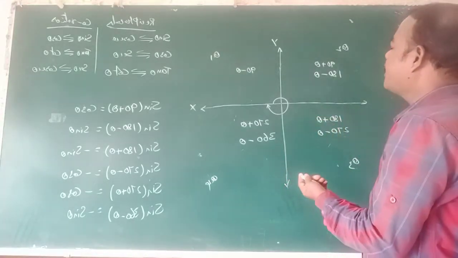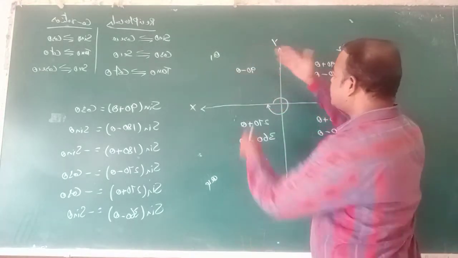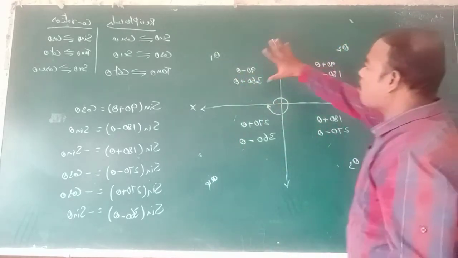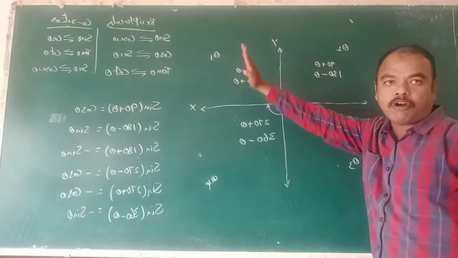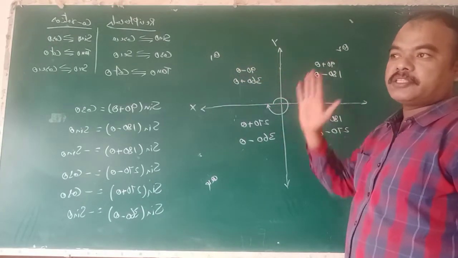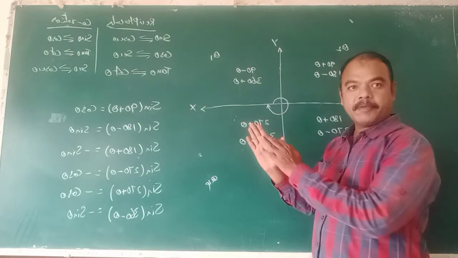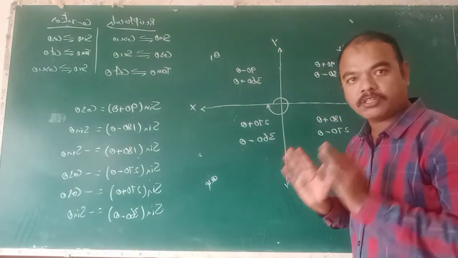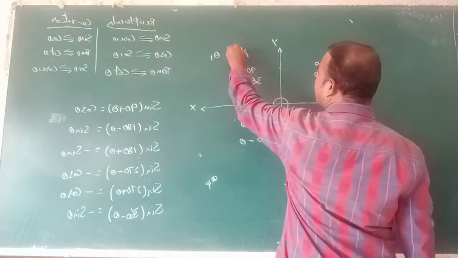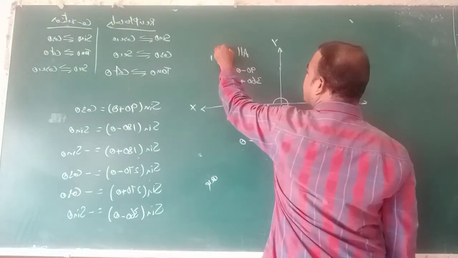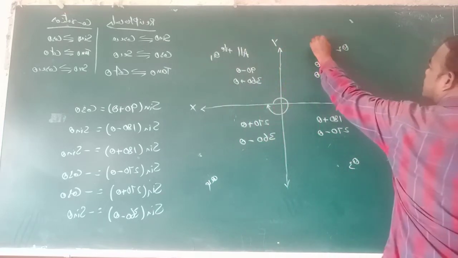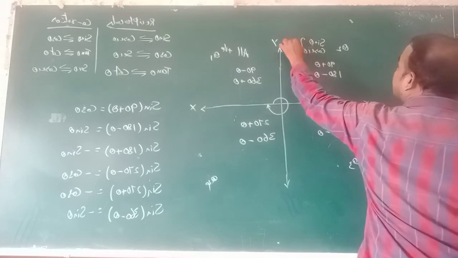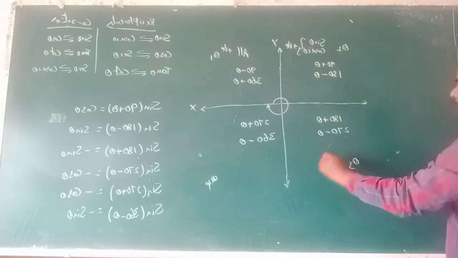After 360 you get 360 plus theta also. In the first quadrant, all trigonometric ratios are positive: the three ratios and their three reciprocals, all 6. In the second quadrant, the sine ratio and its reciprocal cosecant theta are positive, and the remaining are negative.